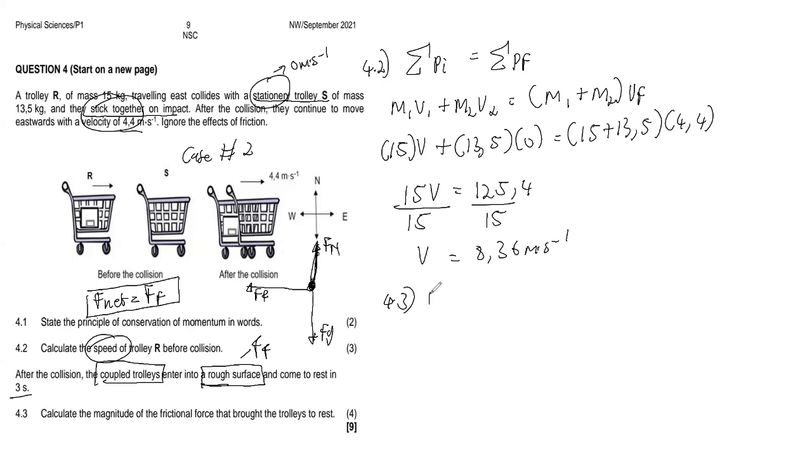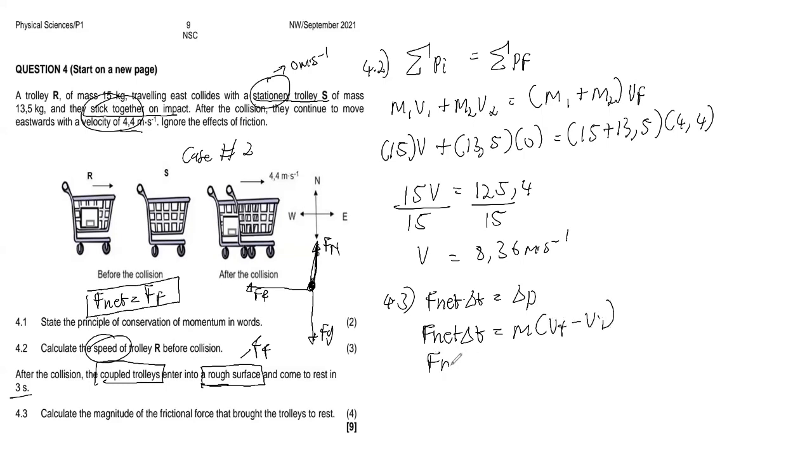So if we use the impulse-momentum theorem here, we can say that whatever magnitude we find for the net force is the same magnitude as the frictional force, right? So this is F net delta t equals m(vf minus vi).